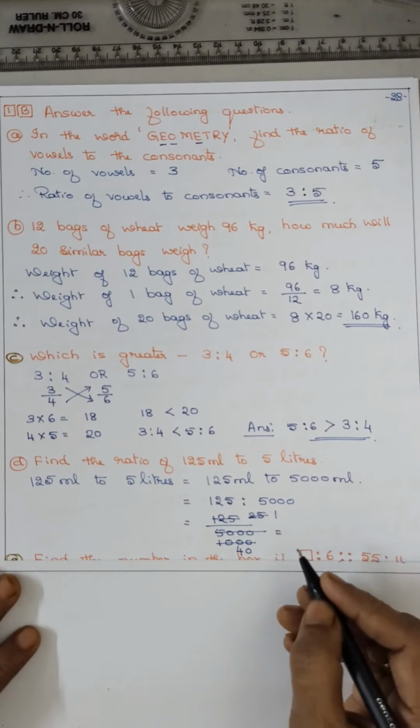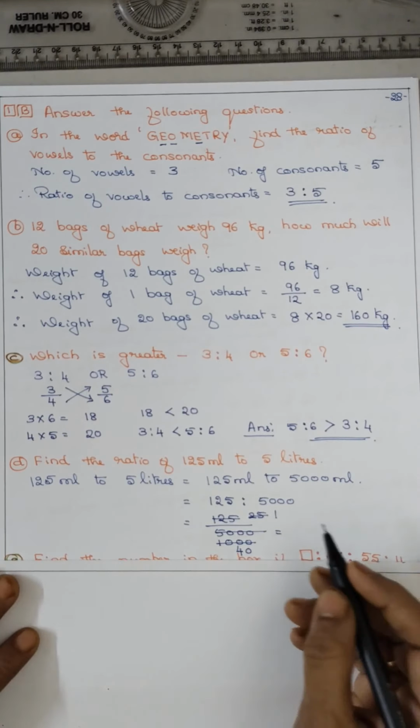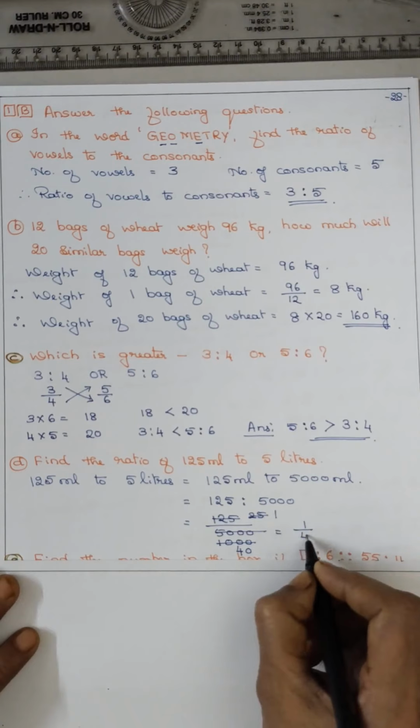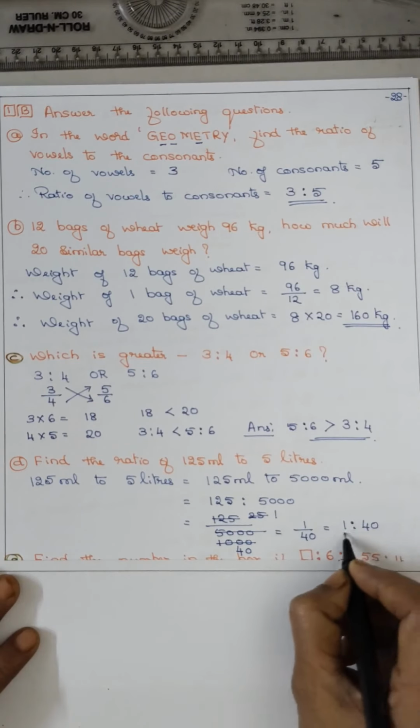You can try with 5, but 25 you know, 25 4s are 100. So you got 1/40. So the ratio is 1:40.